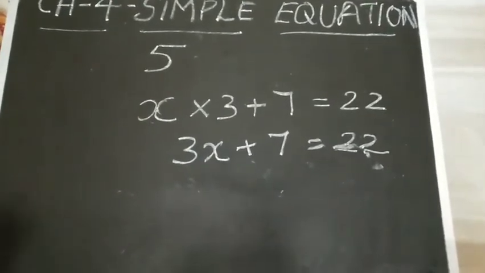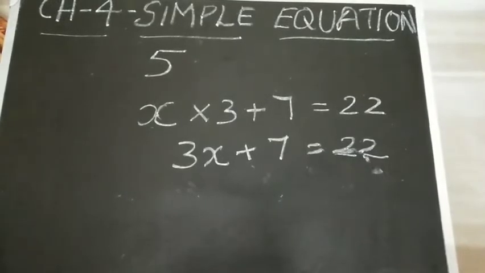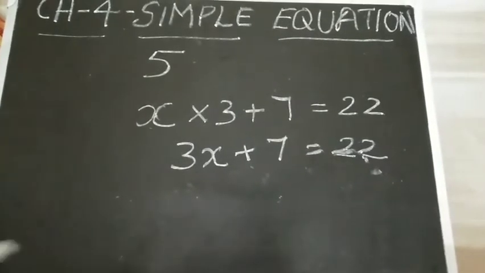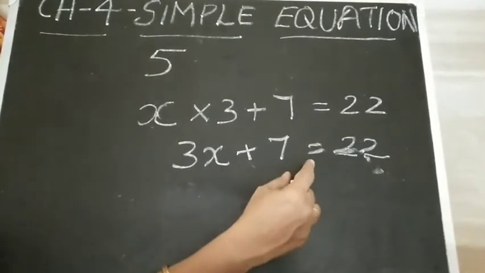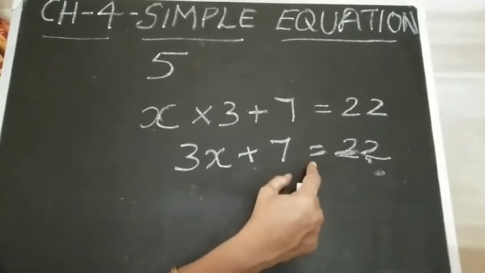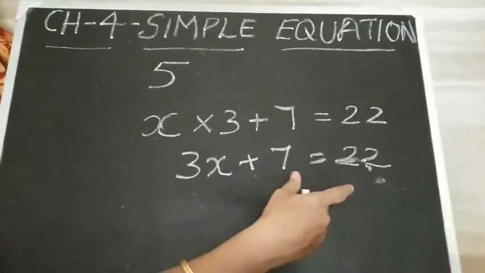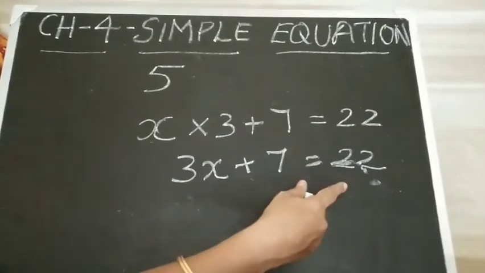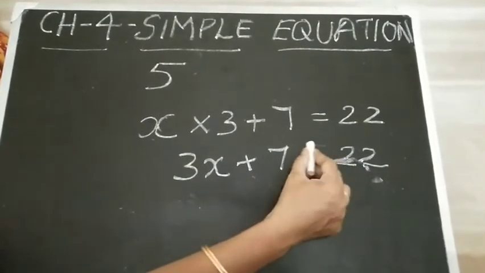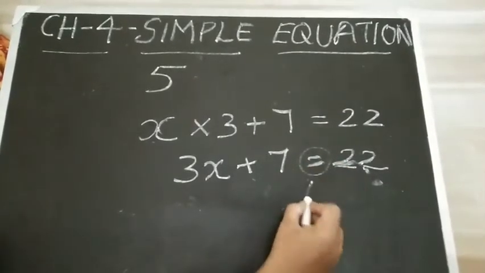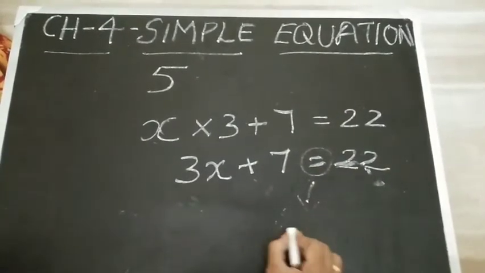Now, an equation has got 2 parts. Always an equation will have an equal to sign. As I said, the expression will be equated either to a constant or to another expression. So, this equal to sign is very much needed for an equation.